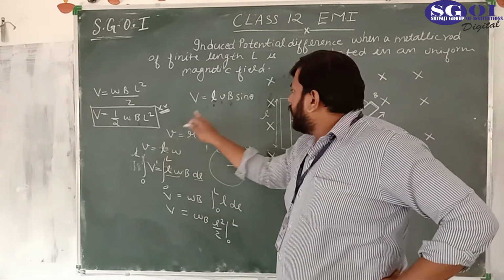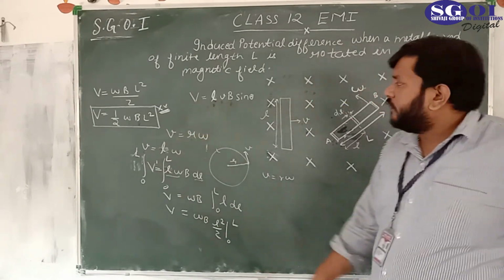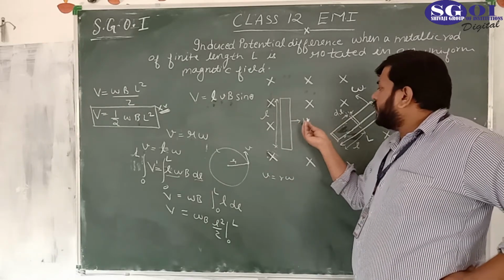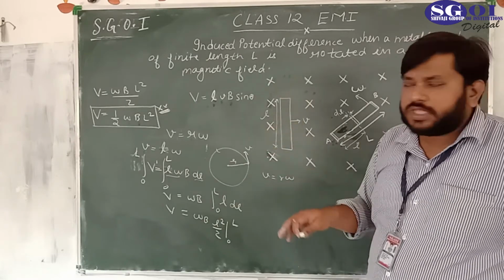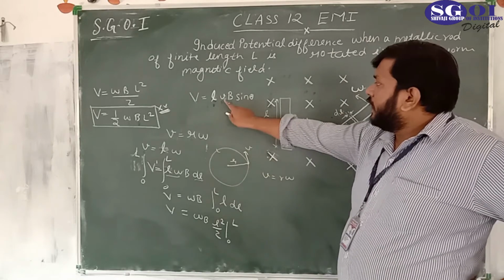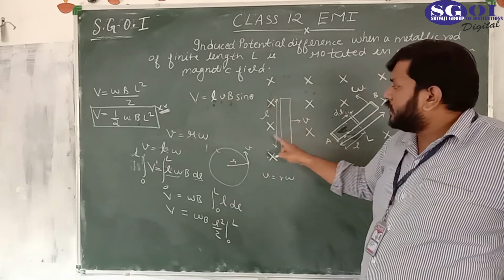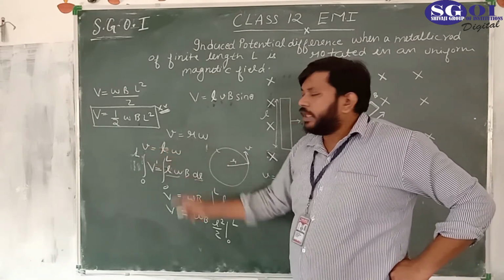So we know that the potential difference, the induced EMF when a rod is moved linearly, is given by B l v sin theta. In place of v we are putting l omega.